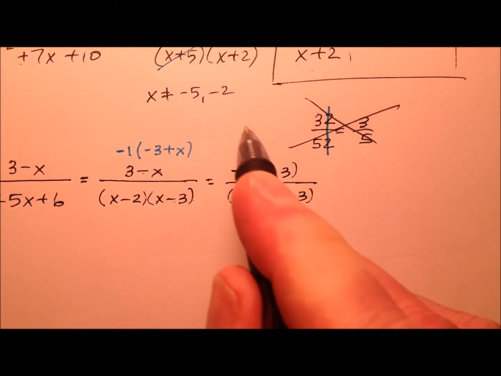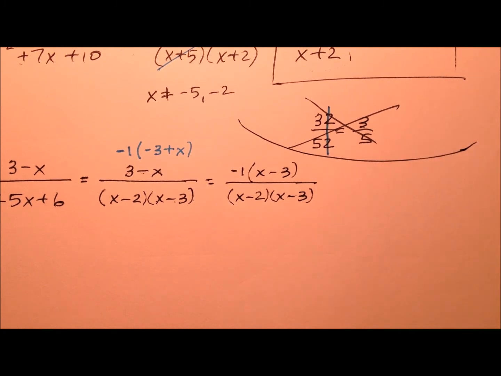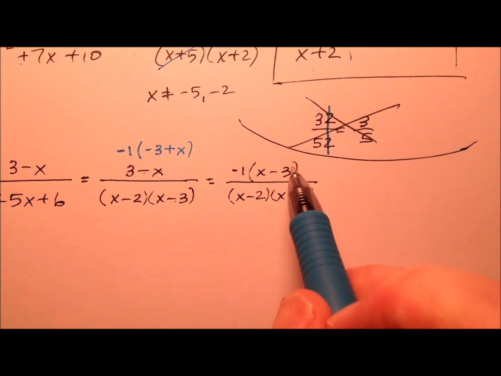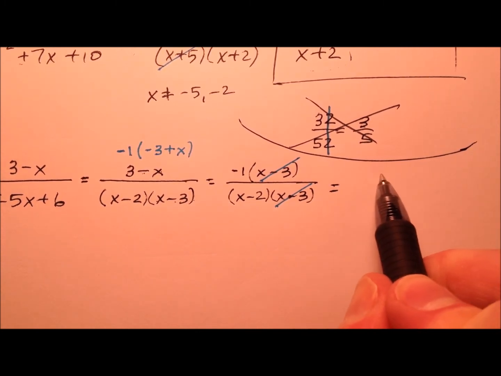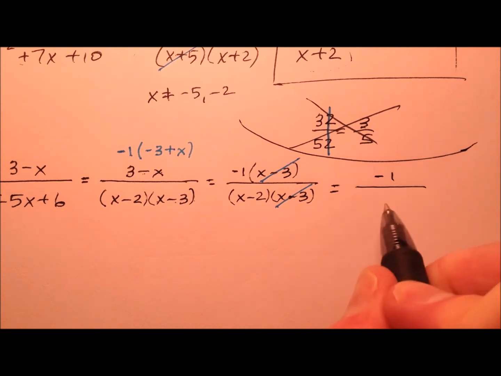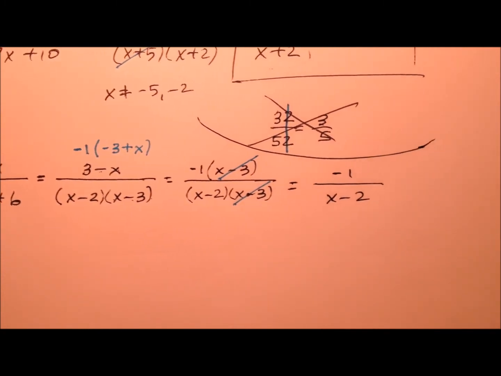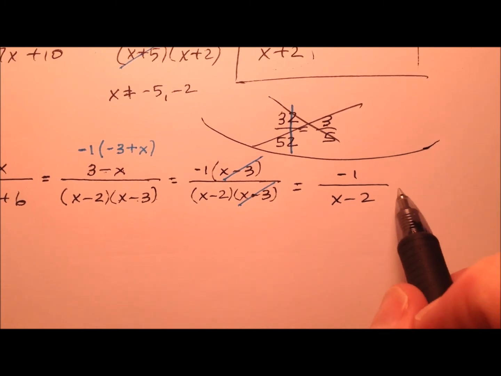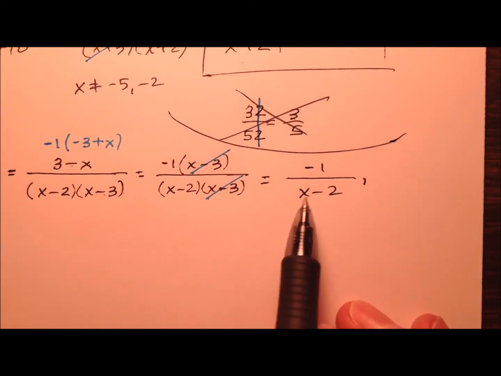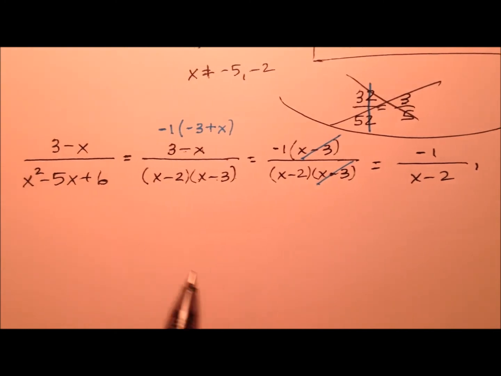What do we notice here? Well, we notice that now the x minus 3's are the same, and we can cancel them. So what am I left with? Negative 1 over x minus 2. Okay, but again, for our domain, we need to consider what were the restrictions previously.